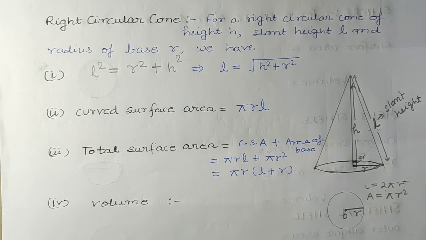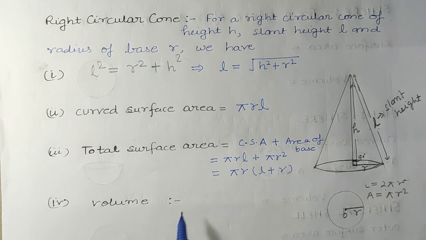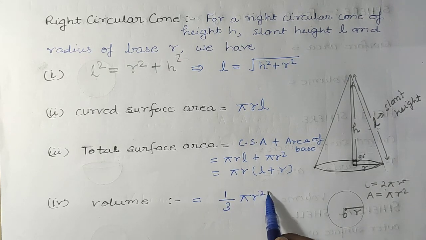What will be the volume of a cone? It is said that the volume of a cone is just 1/3 of the volume of a cylinder. So if someone asks you the volume of a cone, you can say that it is 1/3 pi r square h.